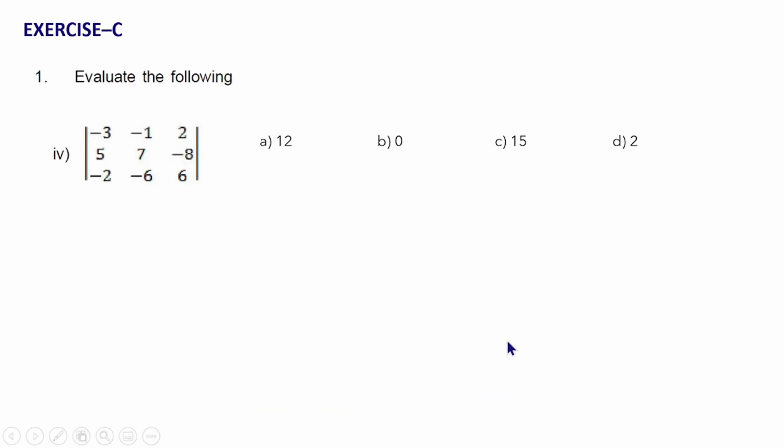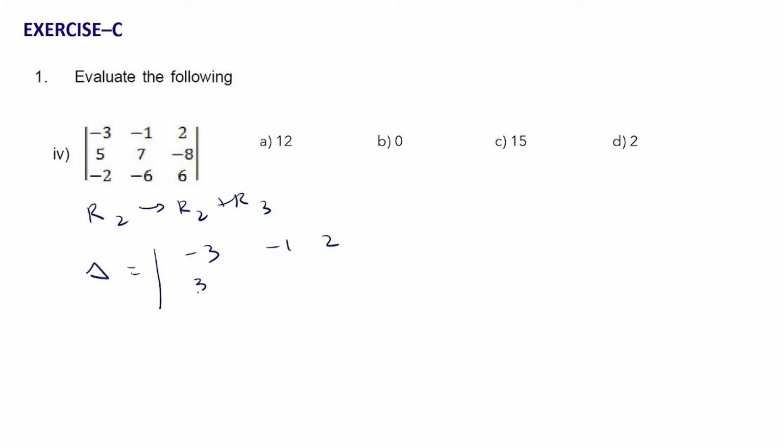Next question, determinant of 3, minus 1, 2, 5, 7, minus 8, minus 2, minus 6, 6. So here let us use some properties of determinant. So using R2 changing to R2 plus R3, we have the given determinant delta is equal to, the first row is the same, then the second row we have to add R2 and R3.